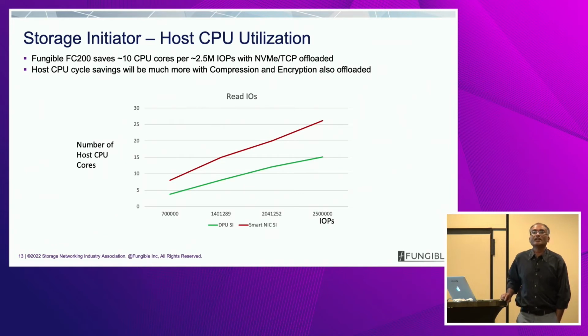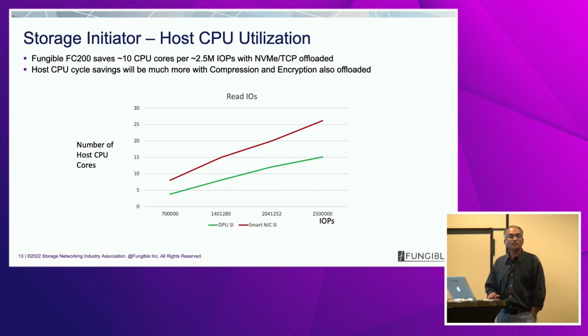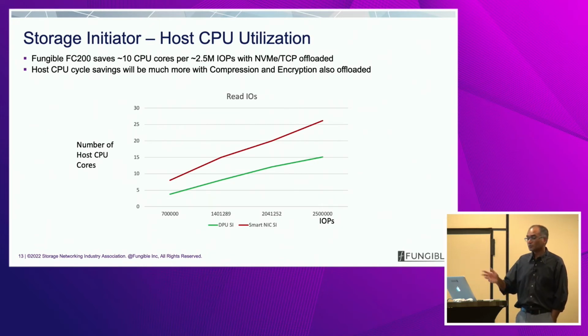User space initiator, SPDK. Yeah. So we have done that. I'm not sharing the numbers here, but SPDK publishes numbers regularly, and they compare with the kernel initiator, right? So we are significantly better even when compared with the SPDK initiator. I don't have any specific numbers to share here, but we have done that comparison.